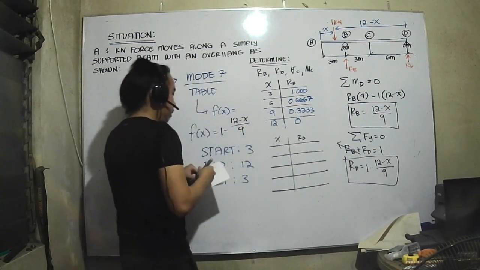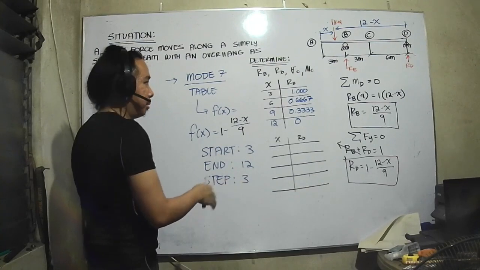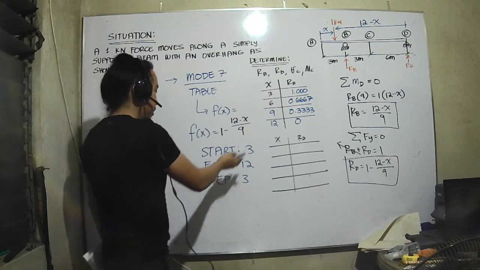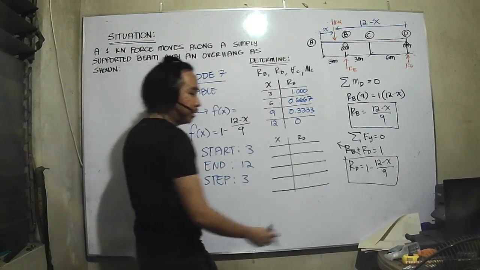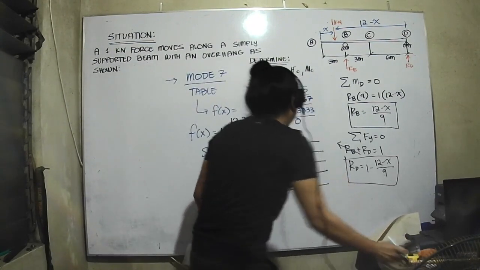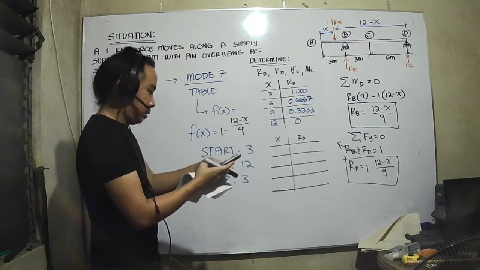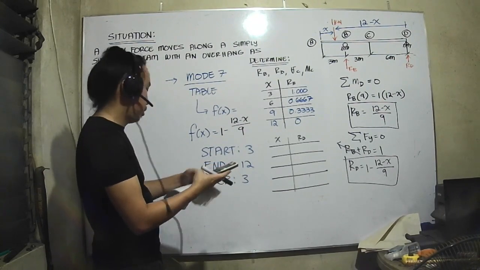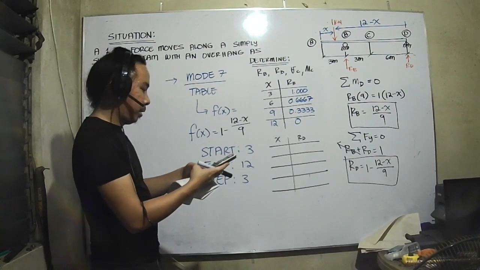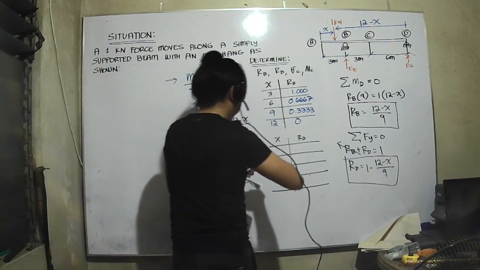Start with 3. You can also start with 0, okay? As long as the end is 12 and the step is 3. If I input that, 1 minus 12 minus x divided by 9, start with 3, end with 12, step is 3, I will get the numbers.